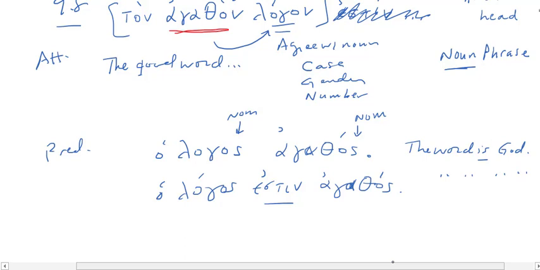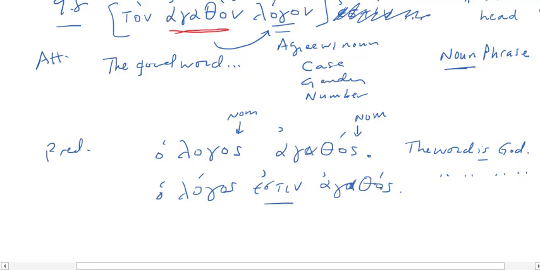Because it's a predicate nominative. Remember how we talked about anytime you have a copula or a linking verb, like to be, the subject is always nominative, and then the predicate nominative or predicate adjective is always nominative.